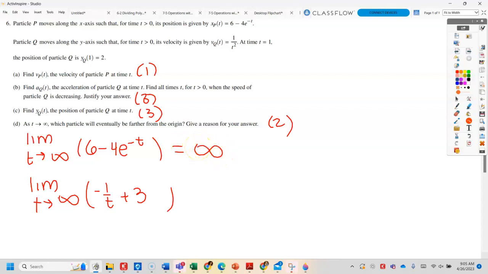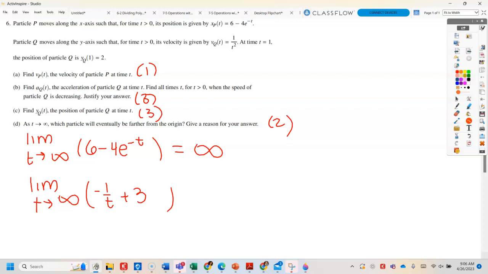This is like negative 4 over e to the t. Well, e to the infinity would really be like a 0 or an infinity, depending on, anyway, think about it, but 4 over something really big or 4 over something really small is insignificant. Just like 1 over infinity is going to be insignificant.